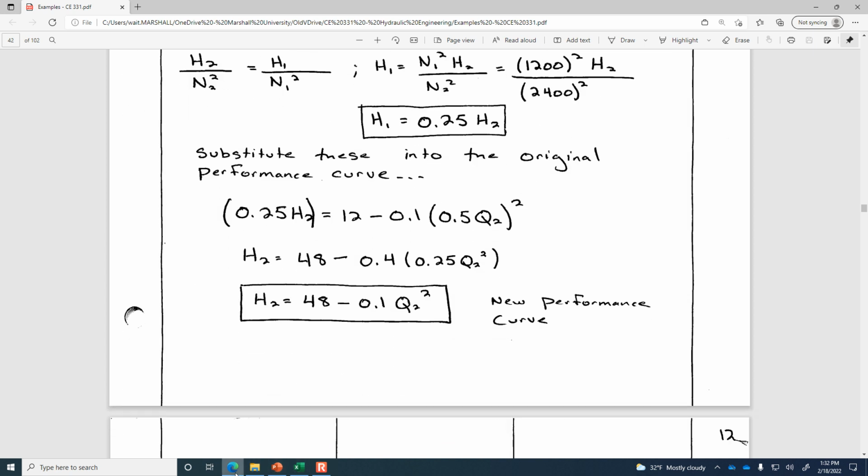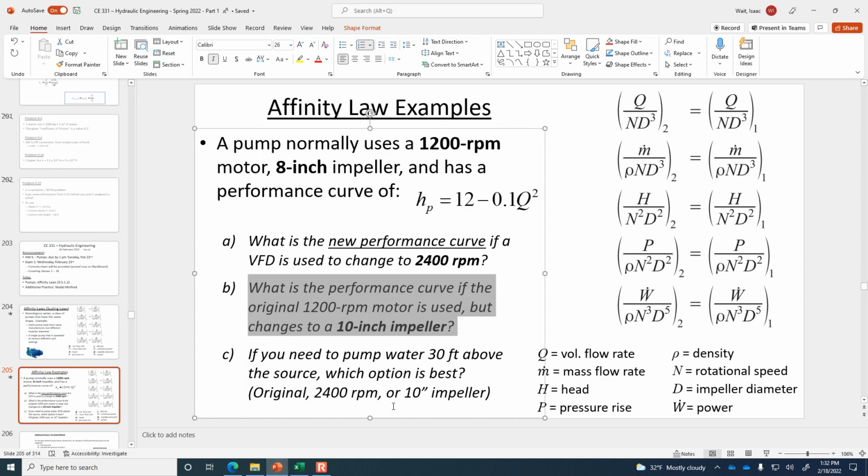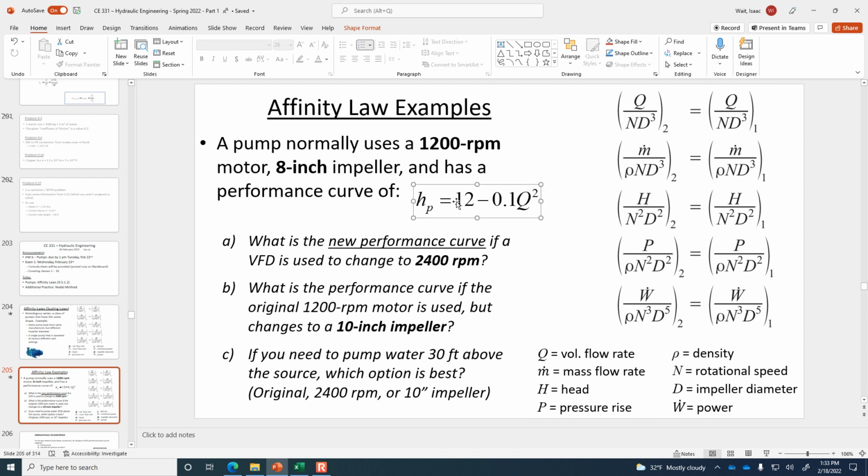So either of these modified scenarios will work. But it all basically comes down to what flow rate we would want to achieve and then how much friction losses there are besides the elevation difference. But what we can rule out is the original scenario of the 8-inch impeller diameter and 1200 RPM, that wouldn't work because it only has the 12-foot cutoff head.